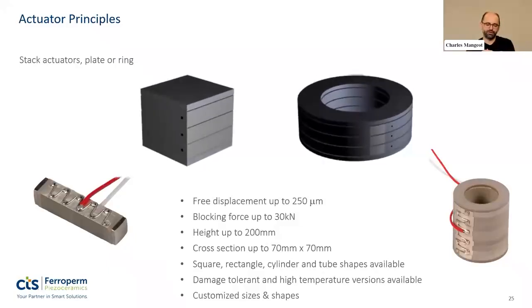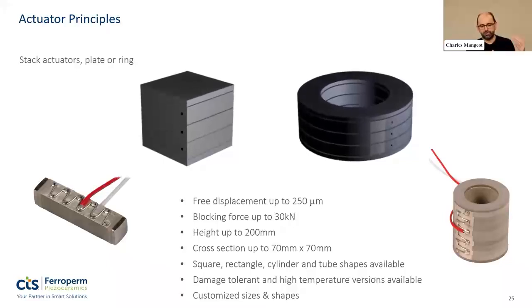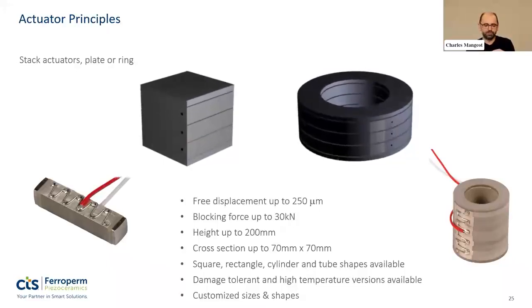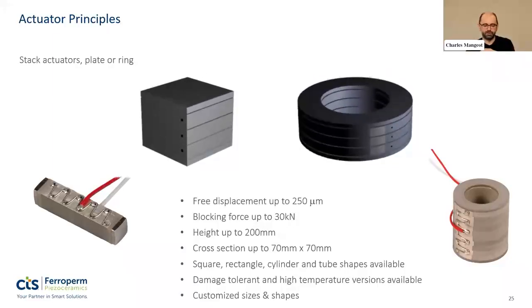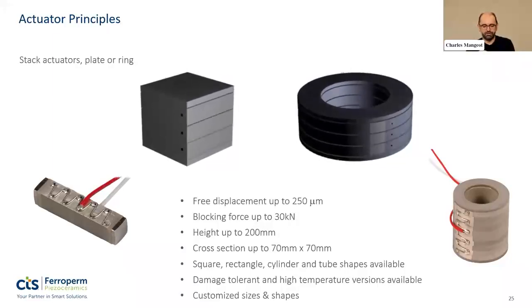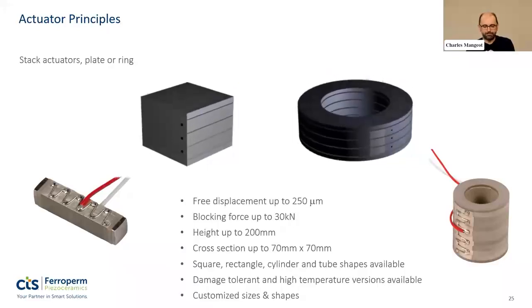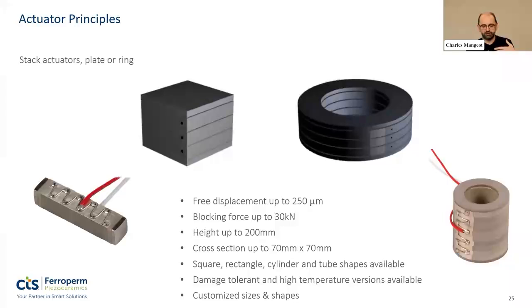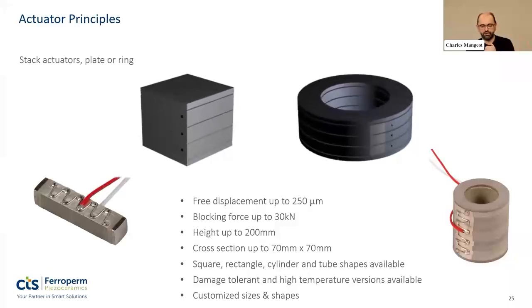That gives us more flexibility. Some other manufacturers will just manufacture a single stack, but then they have to deal with this issue that I mentioned before with the strain on the inactive regions, or they deal with that in different ways. But we have here this option to stack and get much higher free displacement.